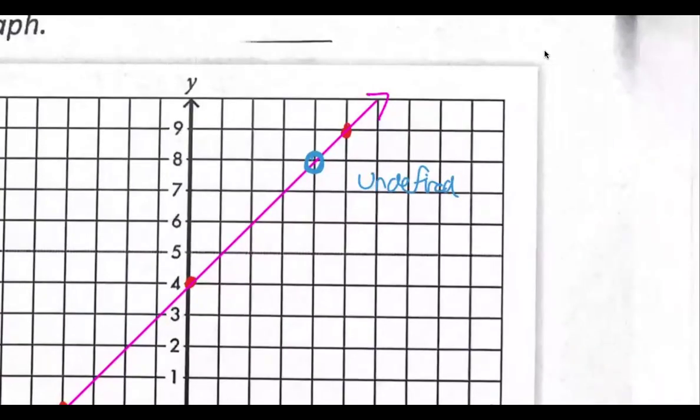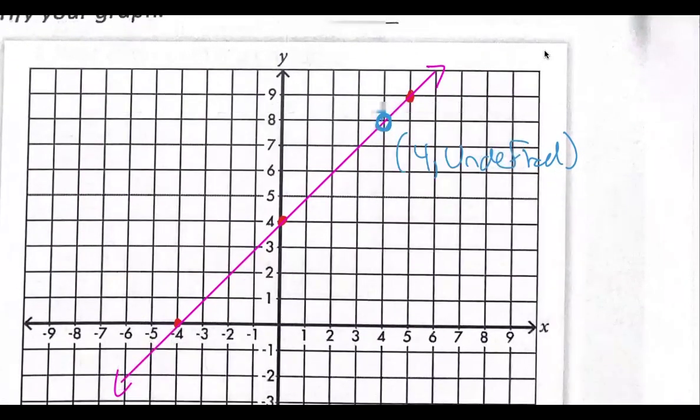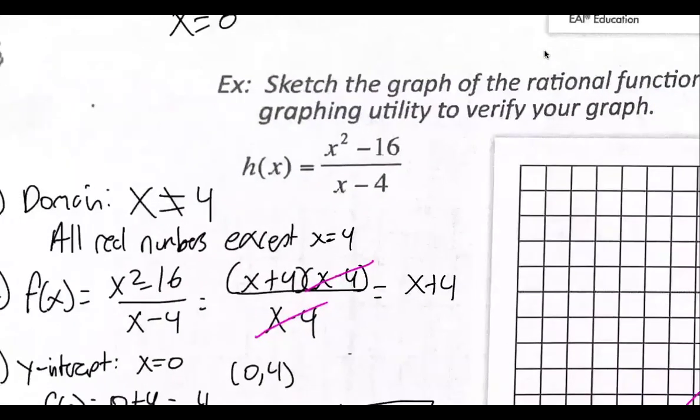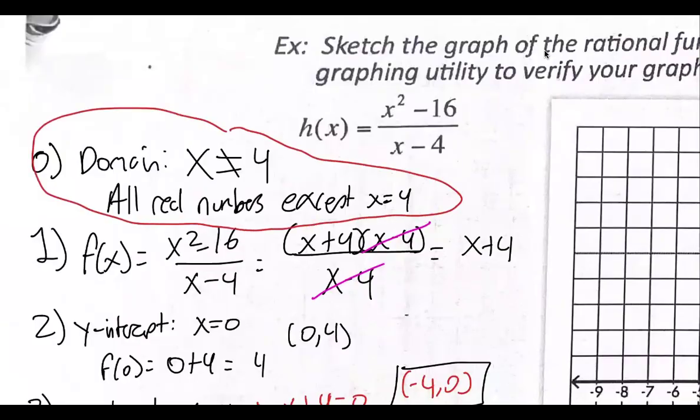So for this one, I will be expecting you guys to write 4 comma undefined, because it does have an open circle at x equals 4. So that's pretty much it. So that's our accurate picture. We got 3 coordinates, and then we technically had to get the 5th one, which is this undefined coordinate right here. So definitely do not sleep on step 0, because it does come into play in the final graph.